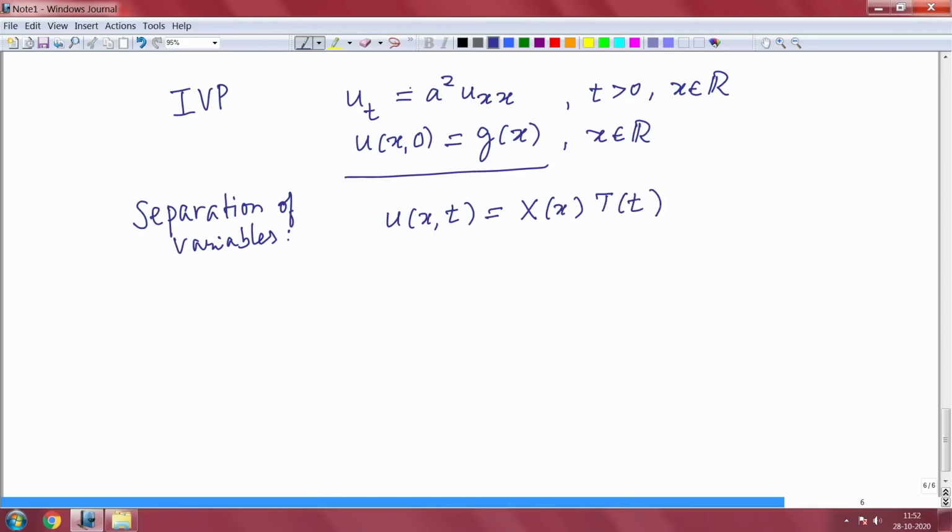You formally substitute this into the given equation, namely the heat equation, and that implies T prime by a square T is equal to X double prime. So there are two derivatives with respect to x, so there will be two derivatives of the function X and only one derivative of the function T.